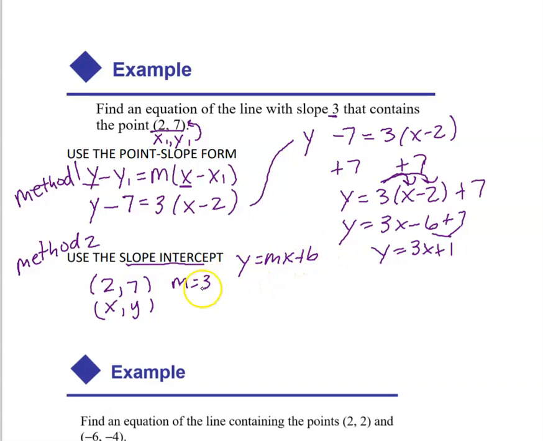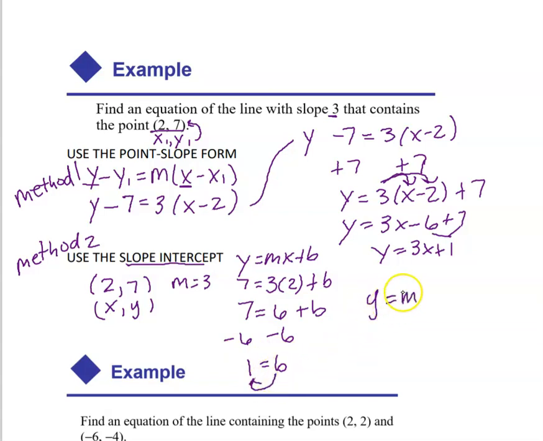So y is 7, so we're going to put 7 here. m is 3, that's our slope. x is 2, plus b, that's what we're looking for. So we're going to say 7 equals 6 plus b. Subtract 6. 7 take away 6 is 1. So the y-intercept is 1.